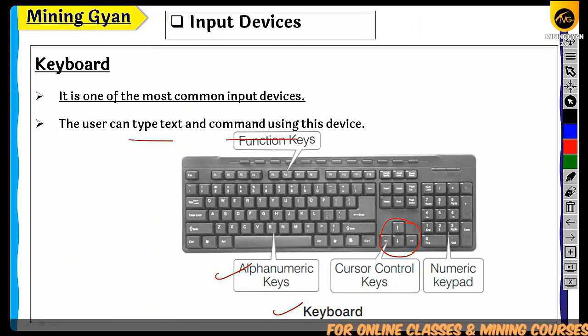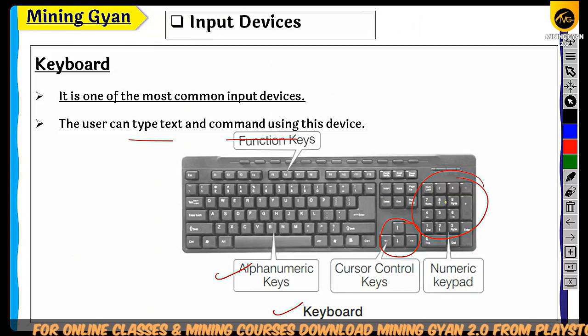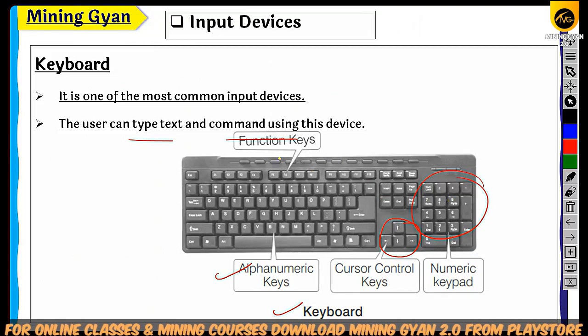Okay, these are used for up, down, left, right. On the right-hand section, there is the numeric keypad, which is basically used to input numbers to the computer. On the upper side, it has the function keys, F1, F2, F3.